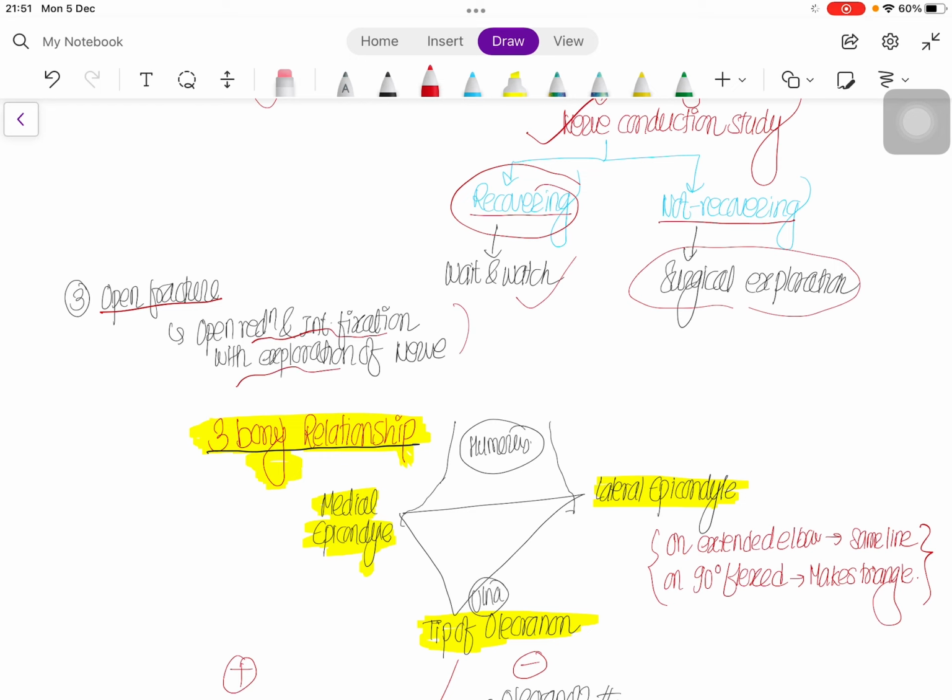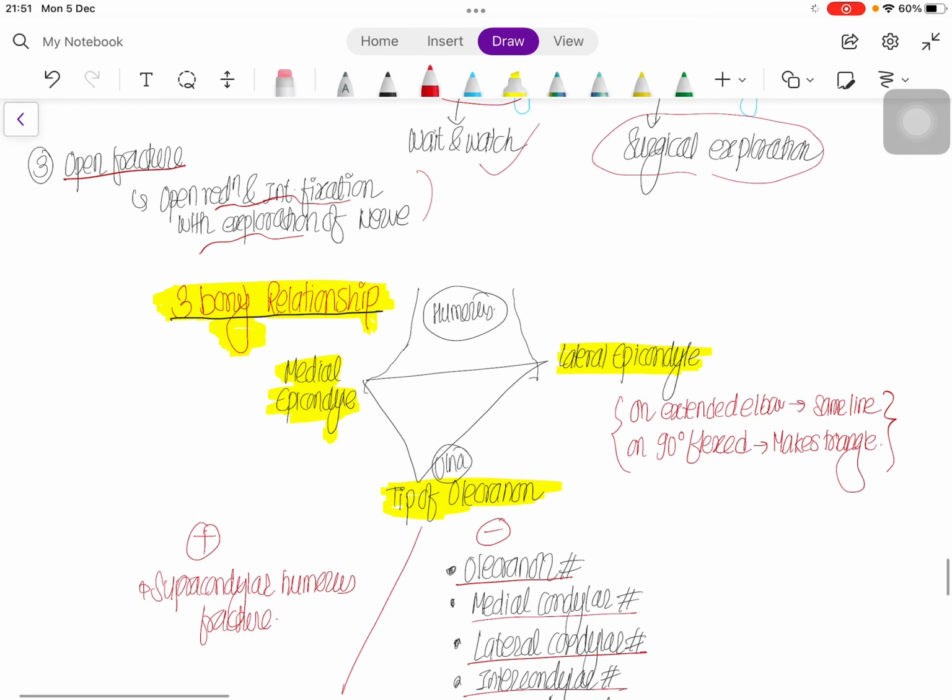We have to know the 3 bony relationship, which makes a triangle when the elbow is flexed 90 degrees. From the humerus there is the medial epicondyle and the lateral epicondyle, and below is the tip of the olecranon of the ulna.